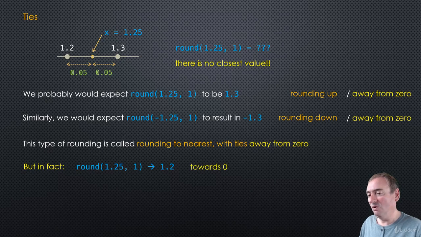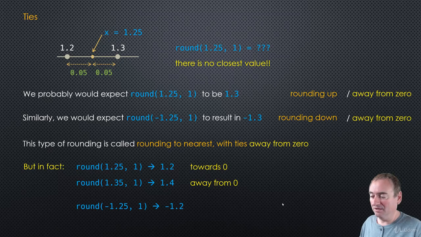So it rounded towards 0, not away from 0. What's going on? Well, how about round 1.35? Well, that's 1.4. That rounded away from 0. What's going on? It doesn't seem very consistent. Away from 0, towards 0, right? This one, yeah, okay, that's what we would do, but this 1.2, well, we expected 1.3.